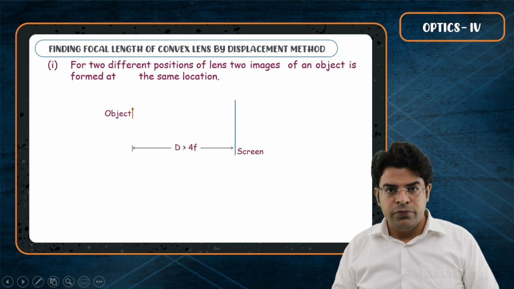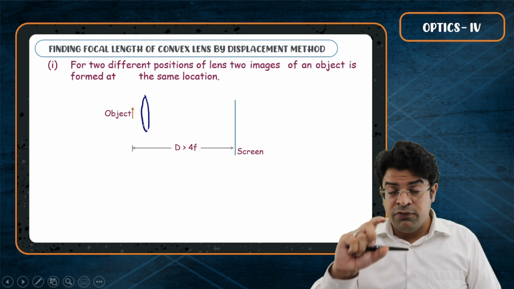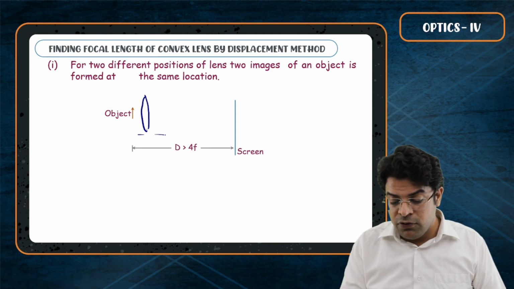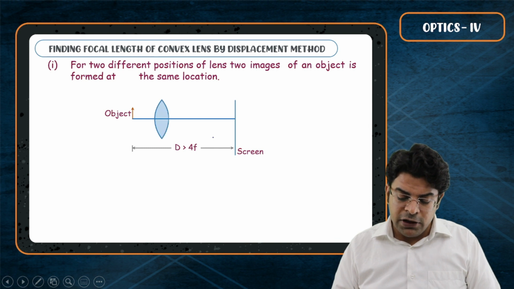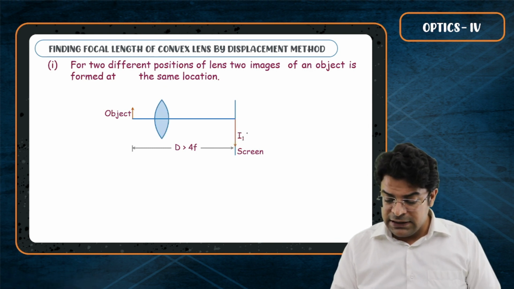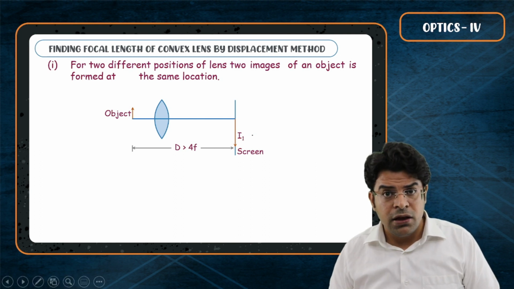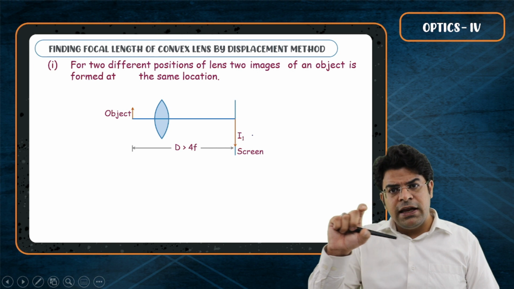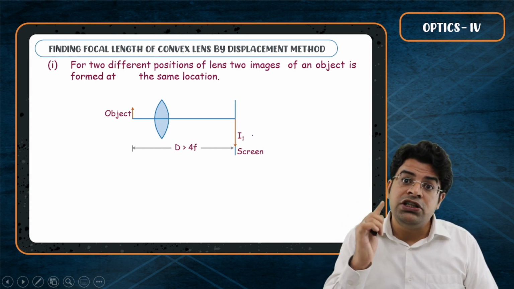Now what do we do? We take the convex lens whose focal length we wish to find and start moving it from the object to the screen. And let's say for one particular position of the lens, we get a sharp image. Let's say this image is called I1, image 1. Then we keep on moving the lens, and for one more position, we again get a sharp image.